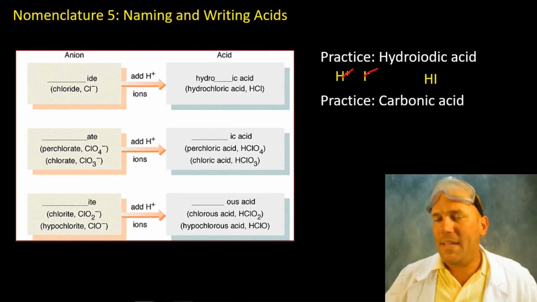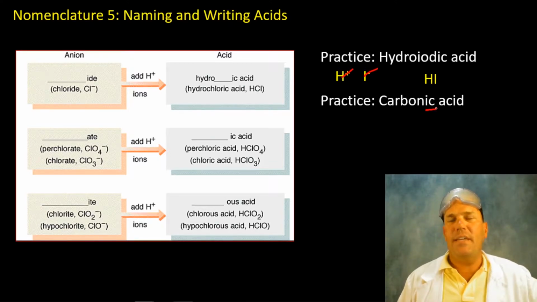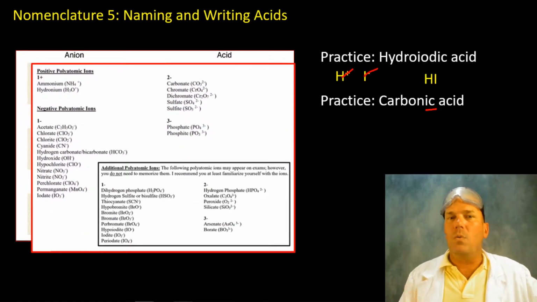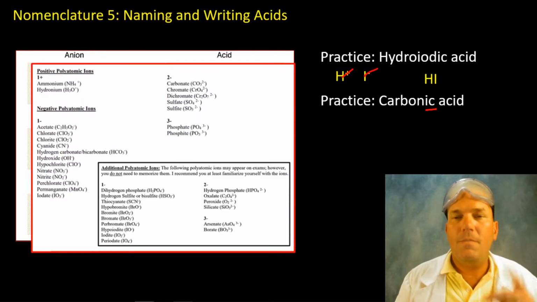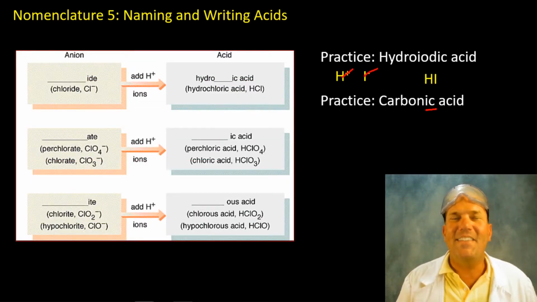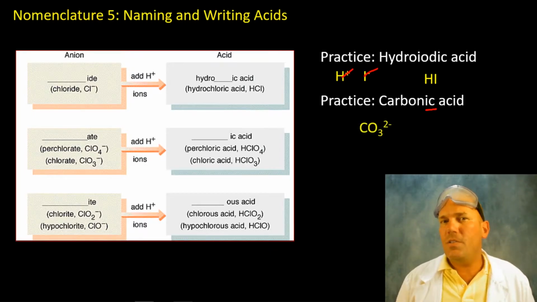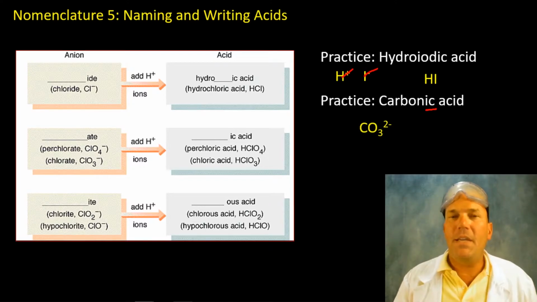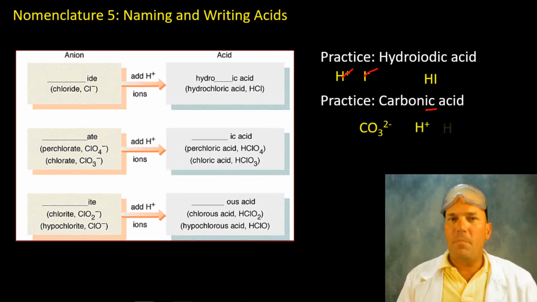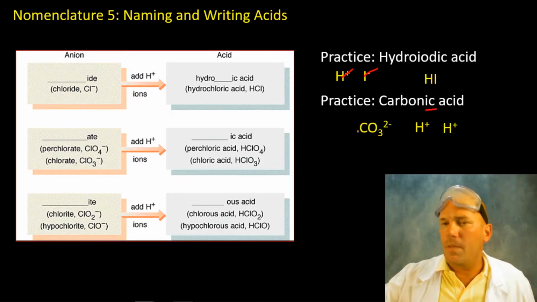Let's do another one. Carbonic acid. I'm going to underline this ending of the acid. Ic. Ate is ic. Carbonate, one of your polyatomic ions. Ate is ic. So carbonate has a charge of 2-, which means we're going to need not 1 proton, but 2 protons to balance those charges off there.